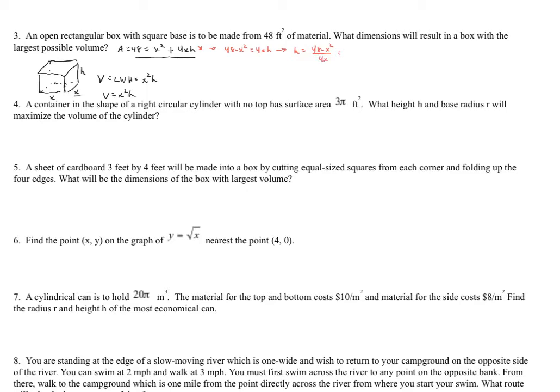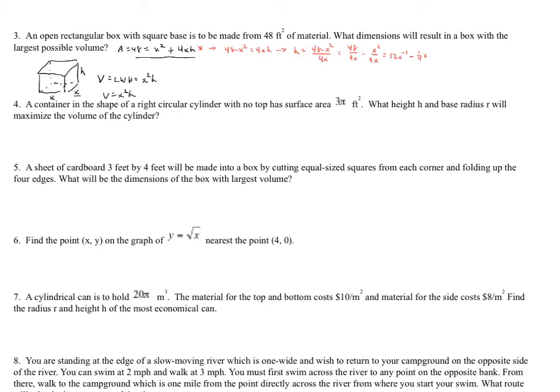I think we might be better served if we split that up and simplify. We can think of that as 48 over 4x, and then minus x squared over 4x. With a little simplification, 48 divided by 4 is 12, and I'm going to write that as 12x to the negative 1 for derivative purposes shortly. And I'm going to write the x squared over 4x as 1/4 x, which is easier to see in terms of derivatives.